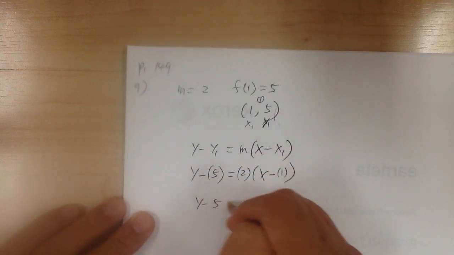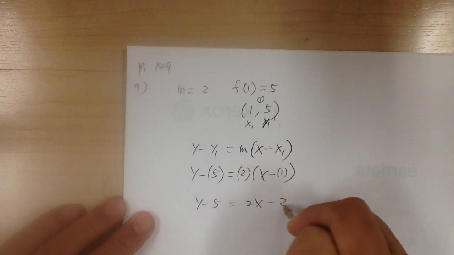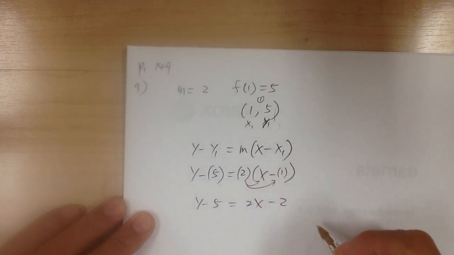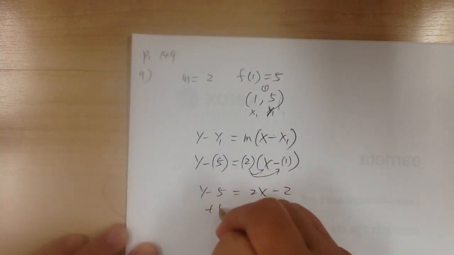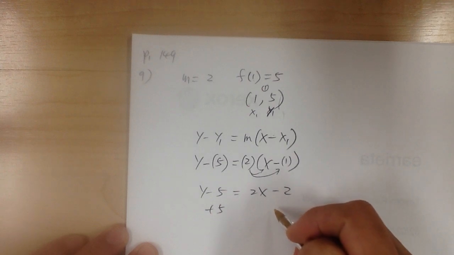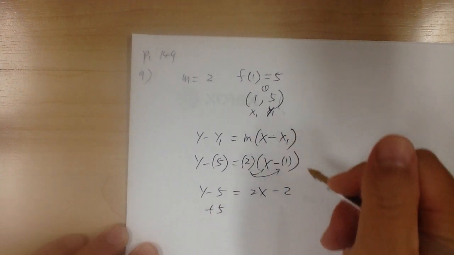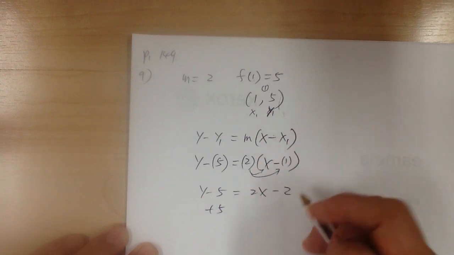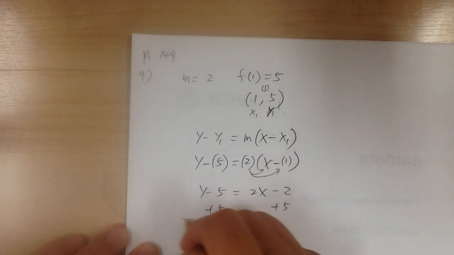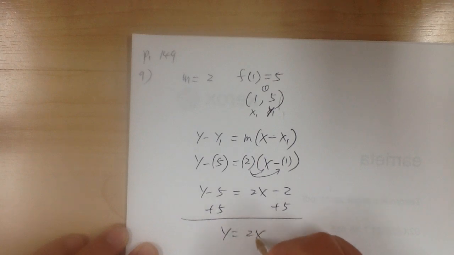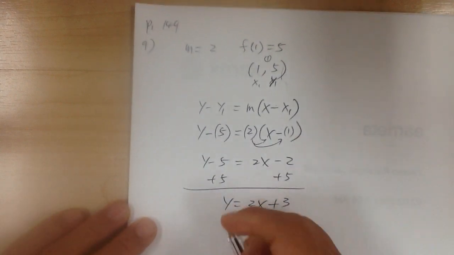So y minus 5 equal to 2x minus 2; you have to distribute. Then plus 5 on each side. So y equal to 2x plus 3, and switch over.